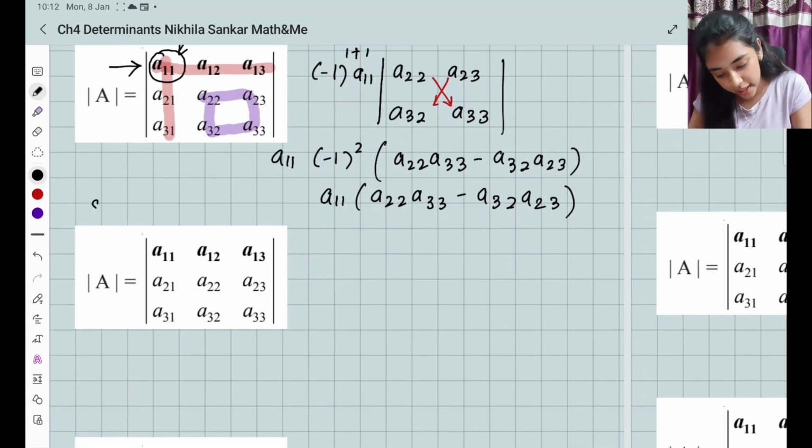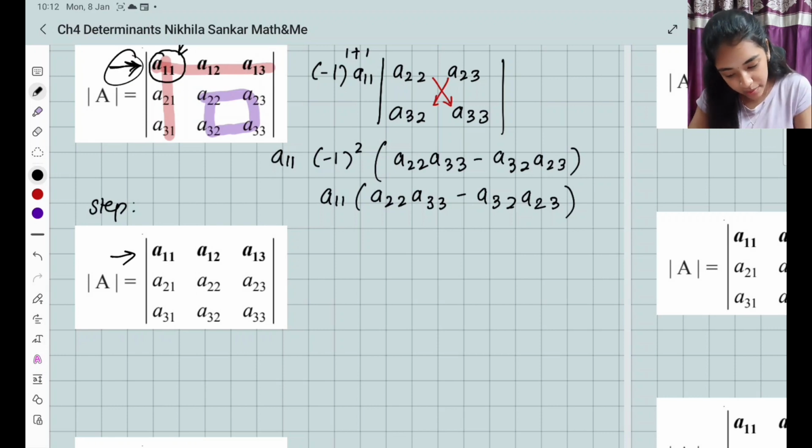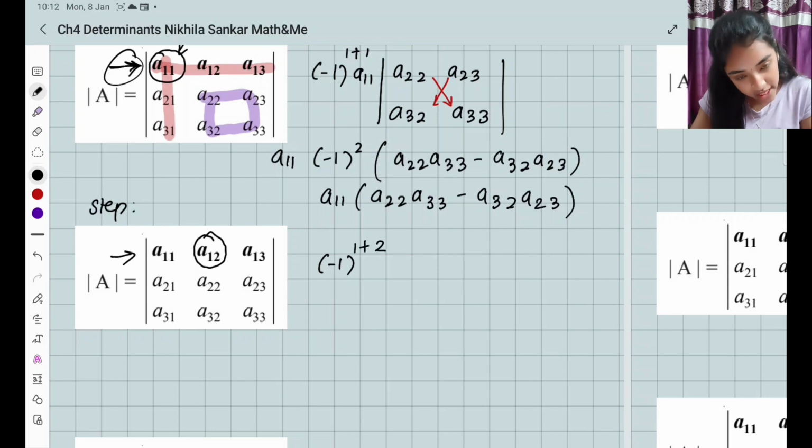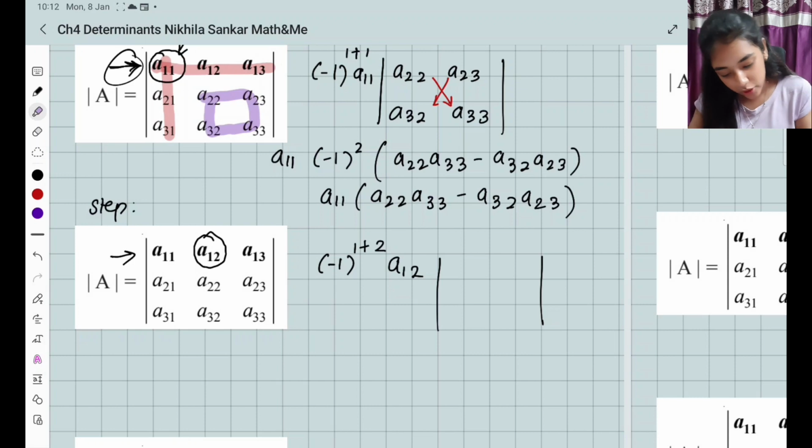Now what is step 2? Step 2, since we are dealing with the first row, the first element is done now. I'm going to focus on the second element in the first row. So now what am I going to do? It is going to be minus 1 to the power 1 plus 2, right? Times a12. And what is the determinant going to be? When I'm talking about the first row, I can omit the first row and the second column. Now what is left out?